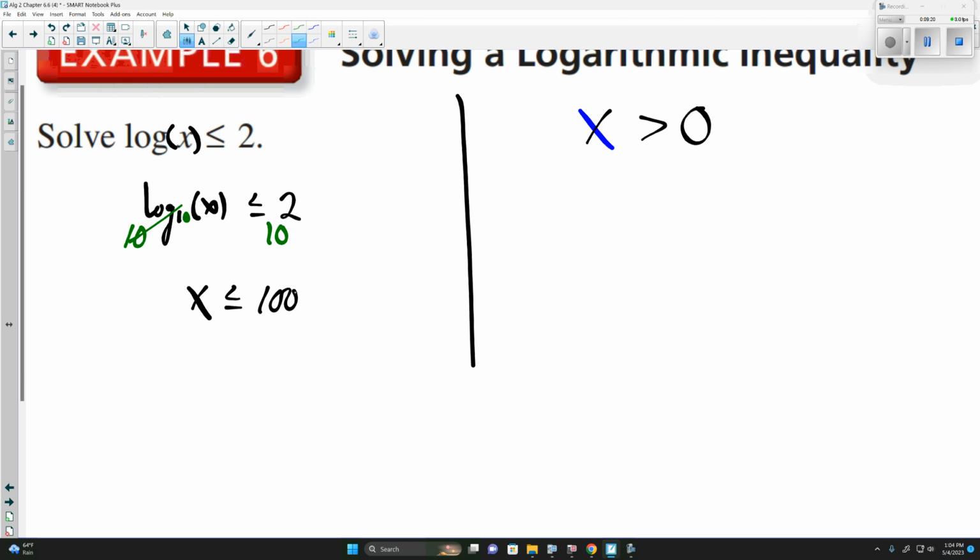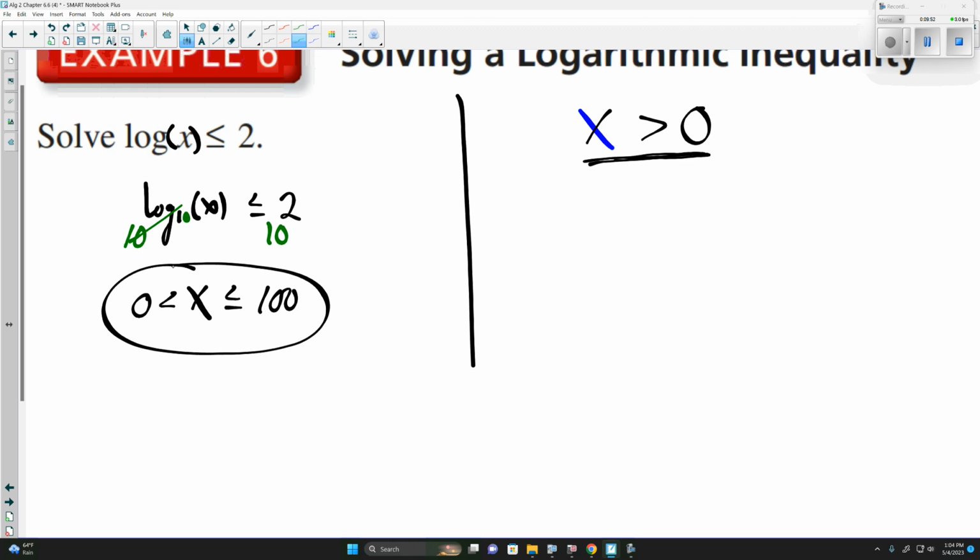Okay. Now the question is, is 0 less than or equal to 100? Is 0 less than 100? Yes. If the restrictions are a part of the solution, we have to include it. So 0 is less than x is less than or equal to 100. We have to add that restriction in.